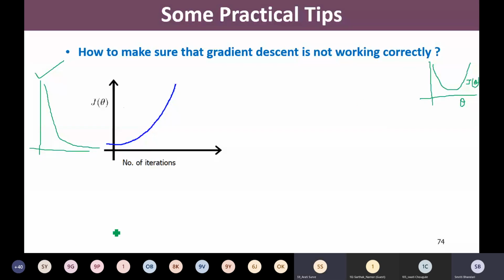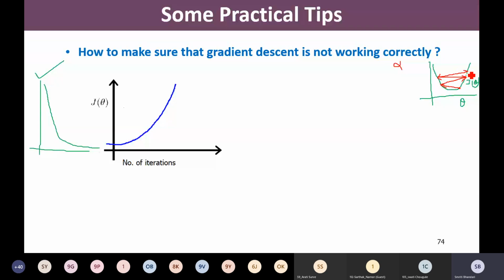And if my learning rate alpha is too big, then if my initial theta is here, it may go here, then it may go here, then here.